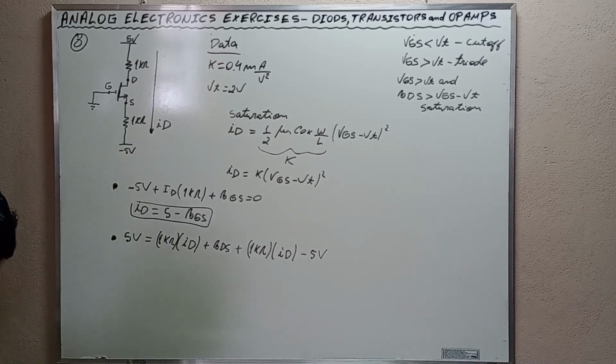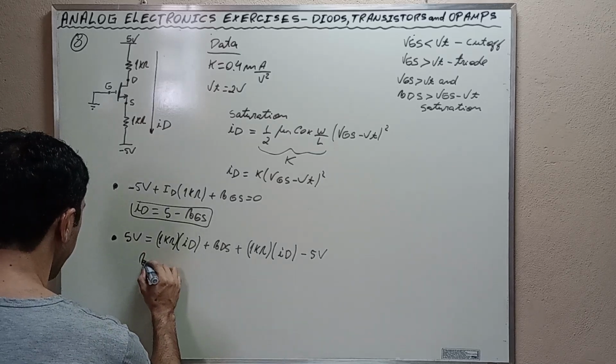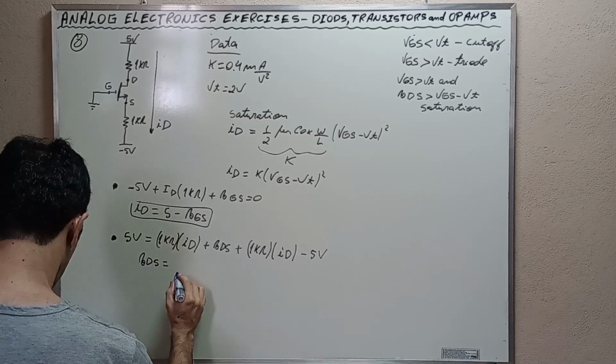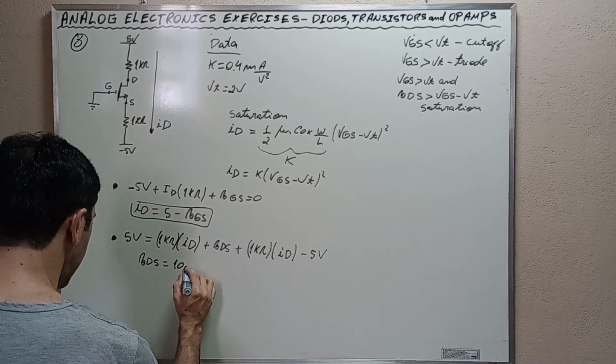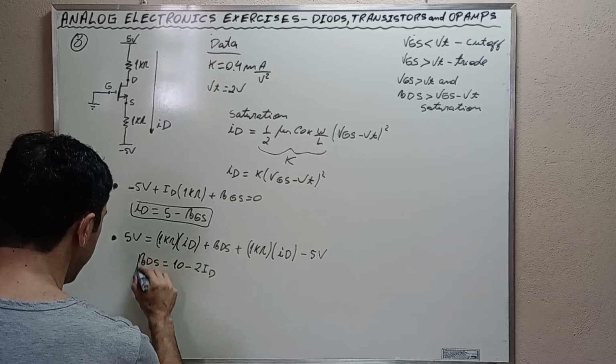Manipulating and rearranging this expression, we find that VDS is equal to 10 minus 2 times ID, okay?